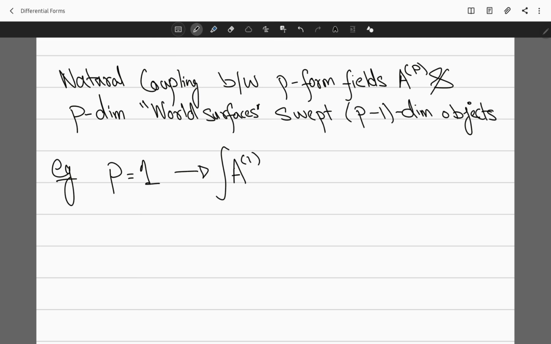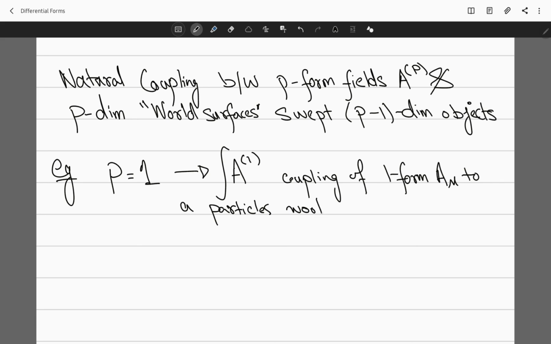This is a natural coupling of the one-form A_mu to a particle's world line, right?